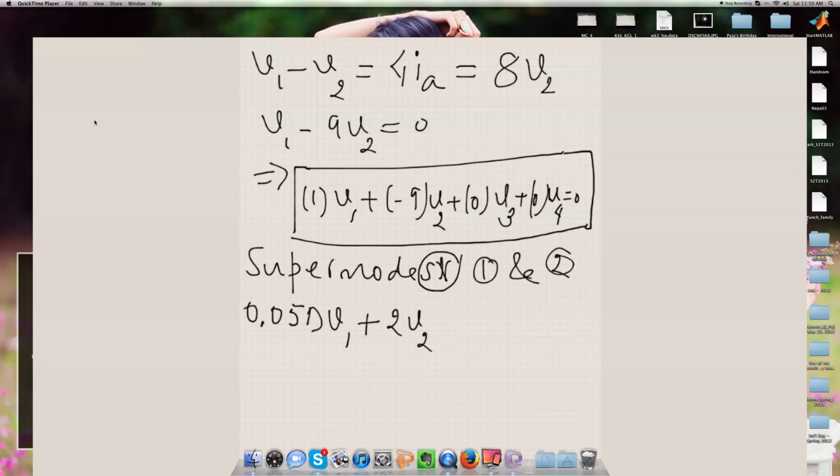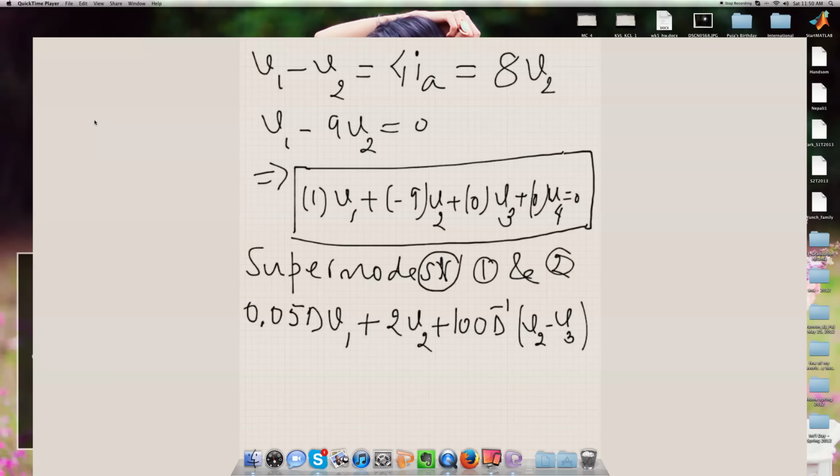Then we have the current flowing via the inductor, and that will be 1 over L, 1 over 0.01, which is simply 100, times the integral of the voltage drop between 2 and 3, which is V2 minus V3.